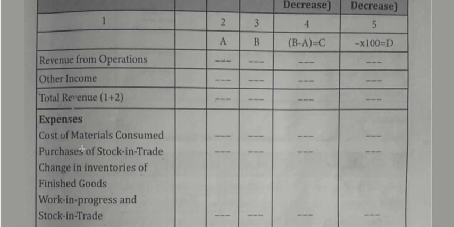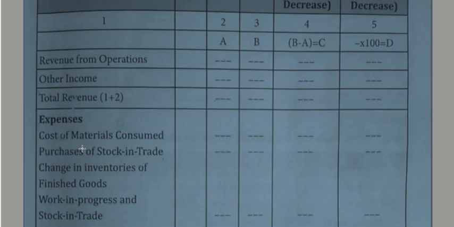Moving on to our second part, which is our expenses. Under expenses you have cost of goods or materials consumed. Cost of material consumed means the cost of raw materials which are used in order to produce finished products.